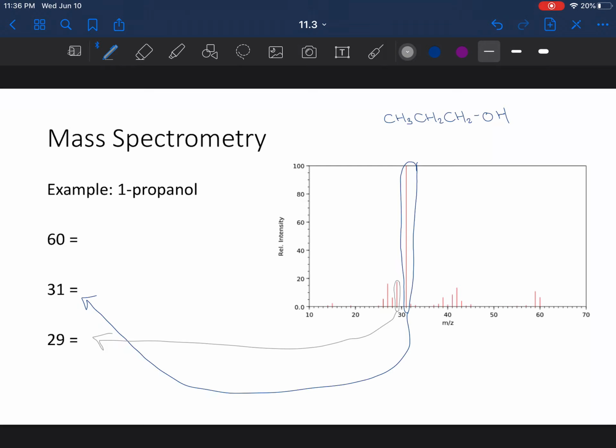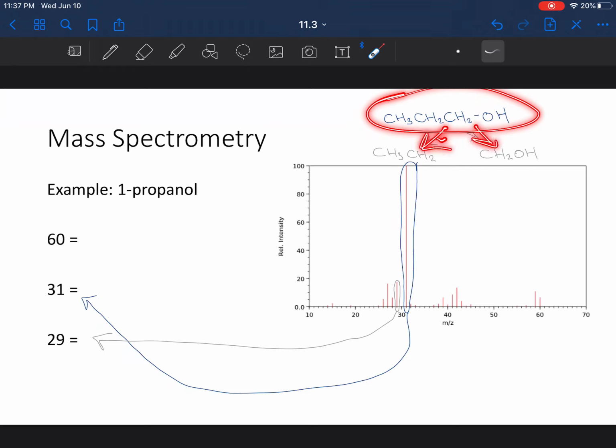It's because when this fragmented, what it fragmented to is CH3CH2 and CH2OH. Okay, so when this broke apart, it broke apart to be these two. And these two gave me a very strong signal.